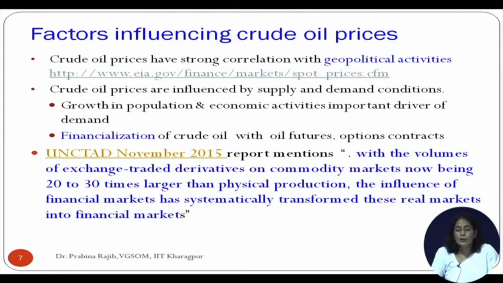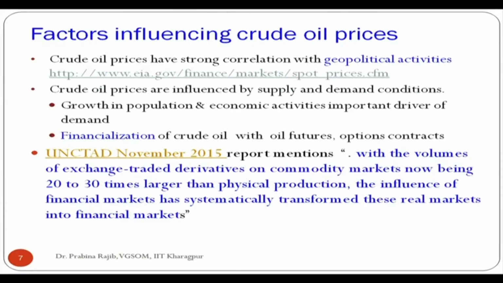So real market forces are no more governing the prices of these commodities, and these real markets are becoming like a financial market. That is also another reason. Many industry people, academicians and researchers point to excess commodity price volatility, because a lot of speculative investment money is being invested in these commodities.